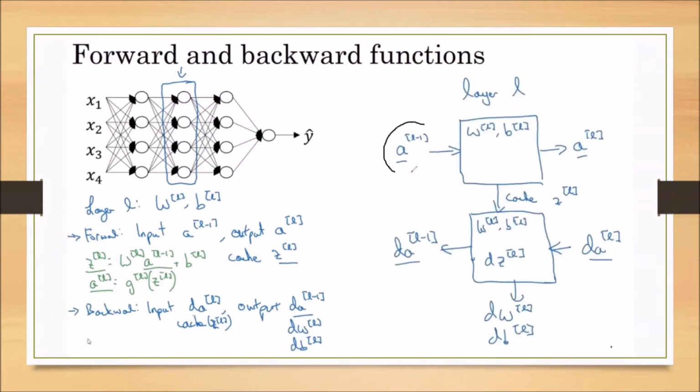We are taking A[L-1], the activation units of the (L-1)th layer, to calculate the activation unit outputs A[L] of the Lth layer. For that, we are taking W[L] and B[L].